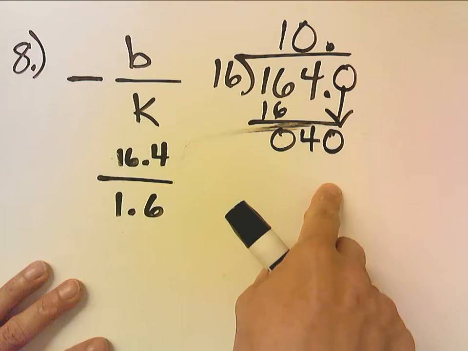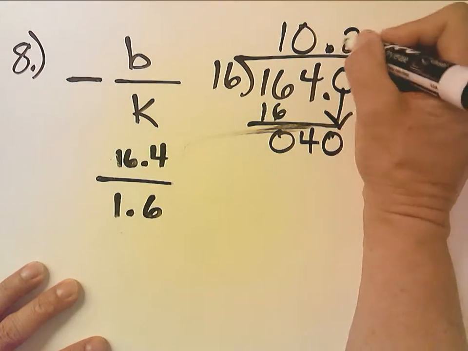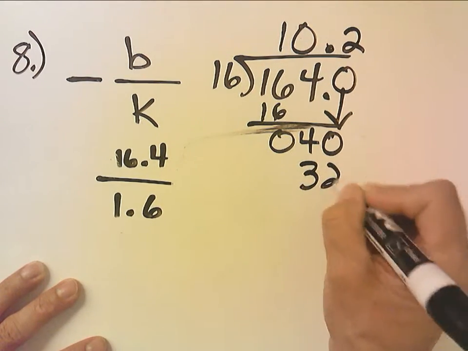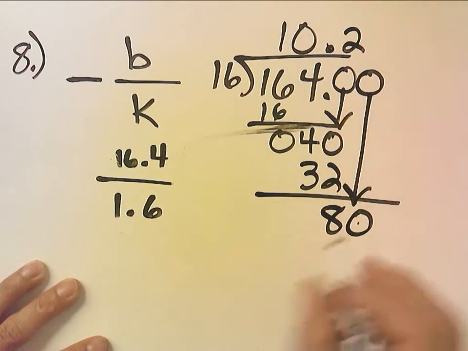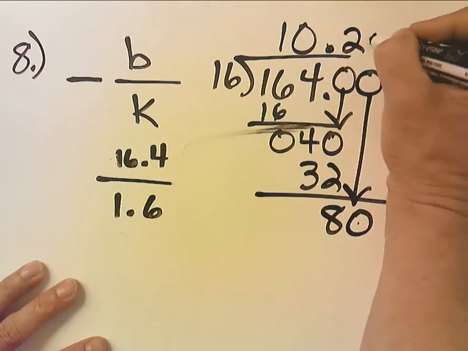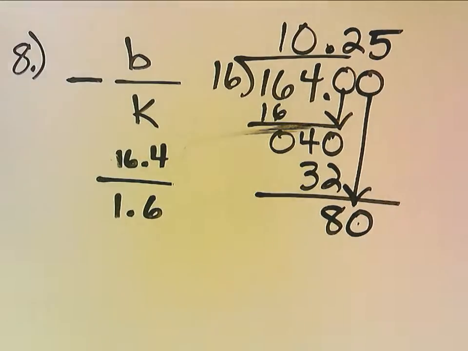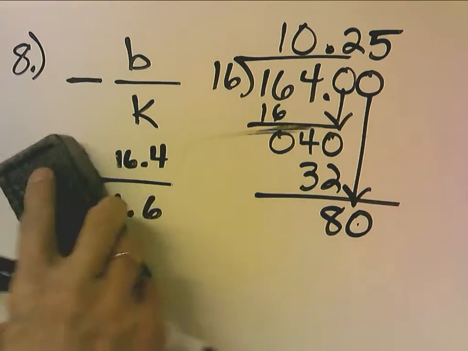Now 16 goes into 40 2 times. And 16 goes into 80 5 times. So my answer is 10.25, and it's positive. Okay?